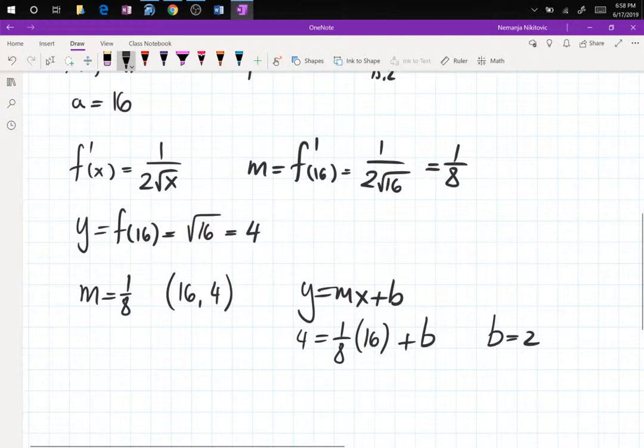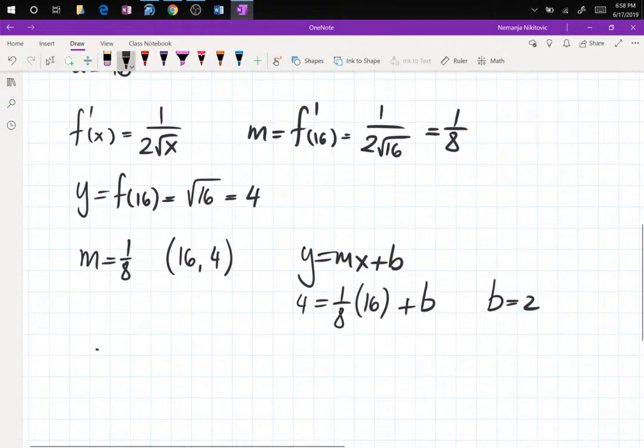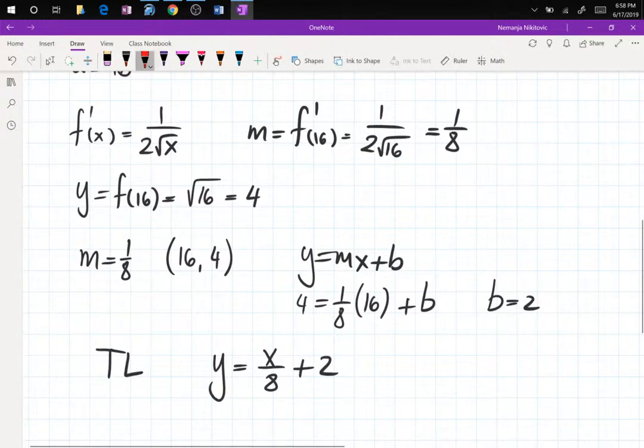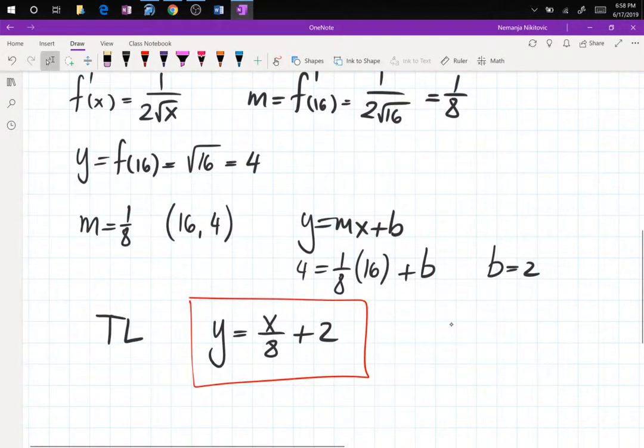So now I have my tangent line: y equals x over 8 plus 2. That's the tangent line at x equals 16.